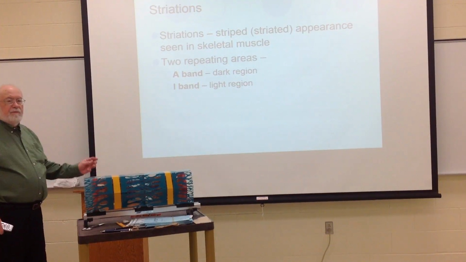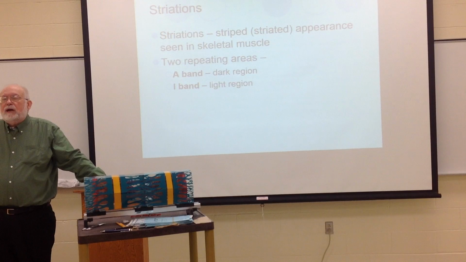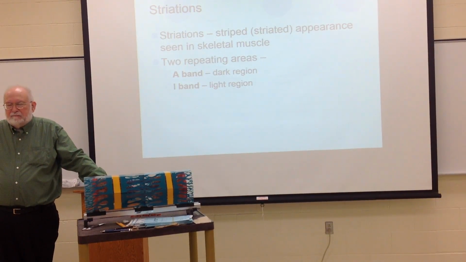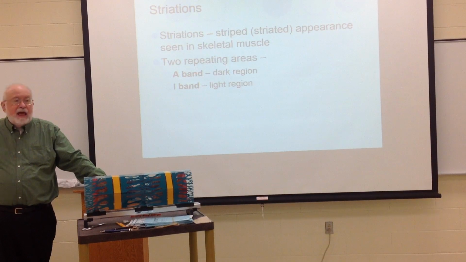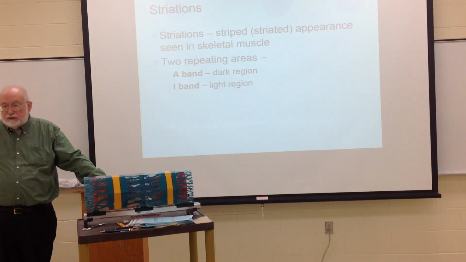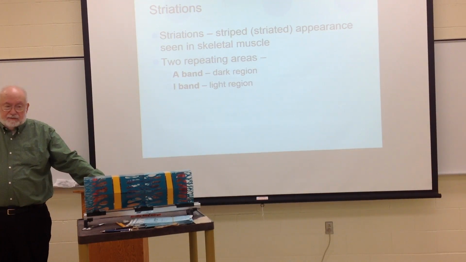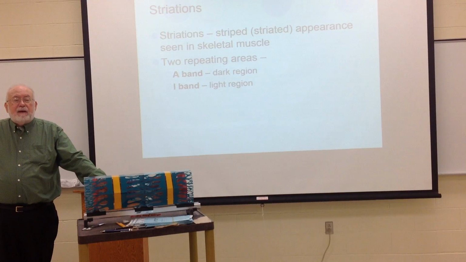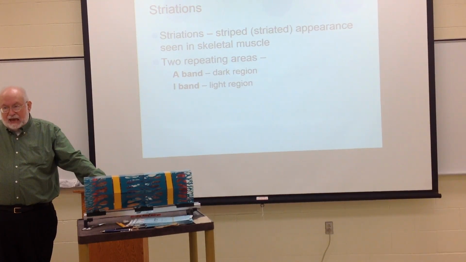Now, the myofibrils are going to be related, of course, to the striations. And striations can be broken down into light and dark staining bands. As you recall, that was one of the hallmarks of skeletal muscle, the striations. The light staining bands are called I bands.